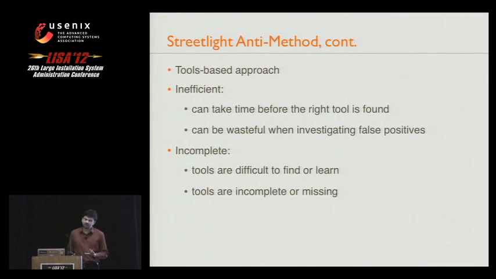The Streetlight Anti-Method, probably the biggest problem is that it is incomplete. You're missing out on various issues that the tools aren't easily identifying, especially if the tools are difficult to find or learn. And of course, tools are incomplete or missing. And this goes back to, don't assume that the vendor has given you every single metric, because often the vendor has not.